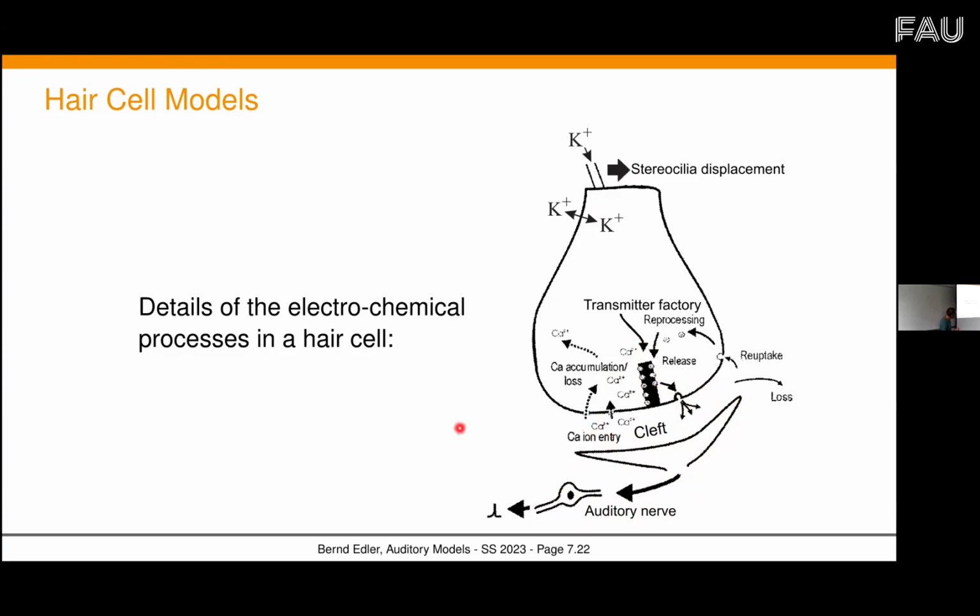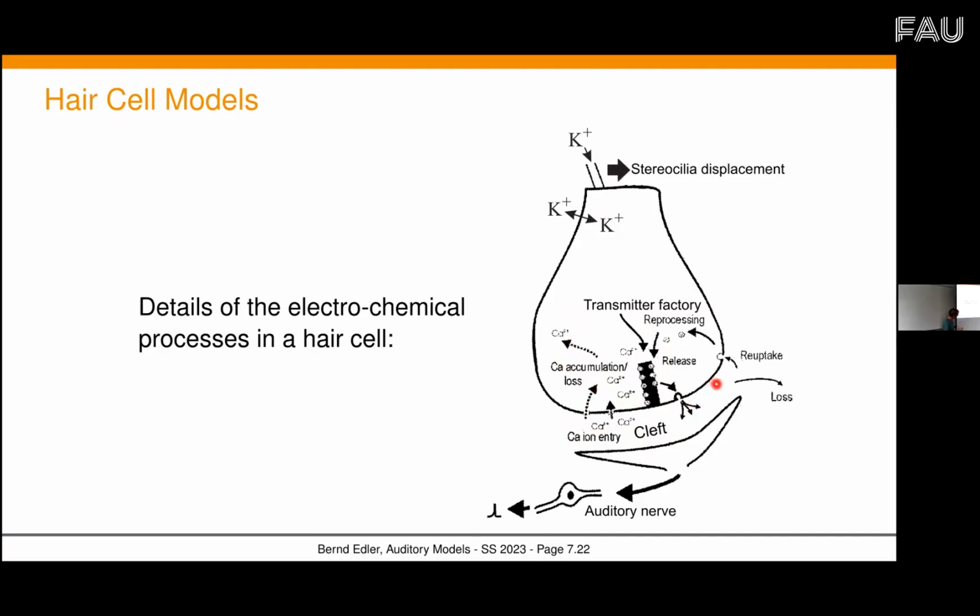So, and these are calcium ions, and these neurotransmitters would then, of course, get out of the hair cell. They can be taken back into the cell. Some of them can be lost.